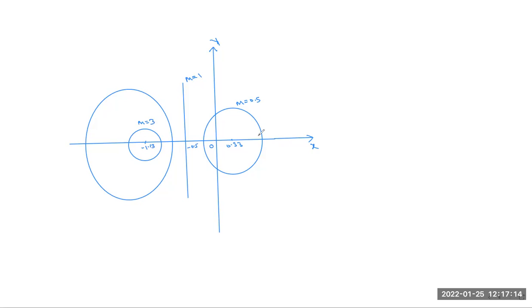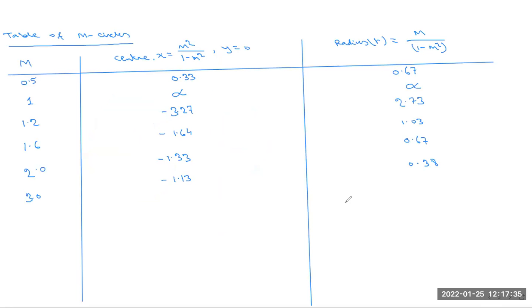So these circles are called the different values. When you change the different value of M, first we put M equal to 0.5, then M equal to 1, and so on. That is M equal to 3, M equal to 1.6. So these are the different circles we have to draw. Okay. So we have to follow this table.